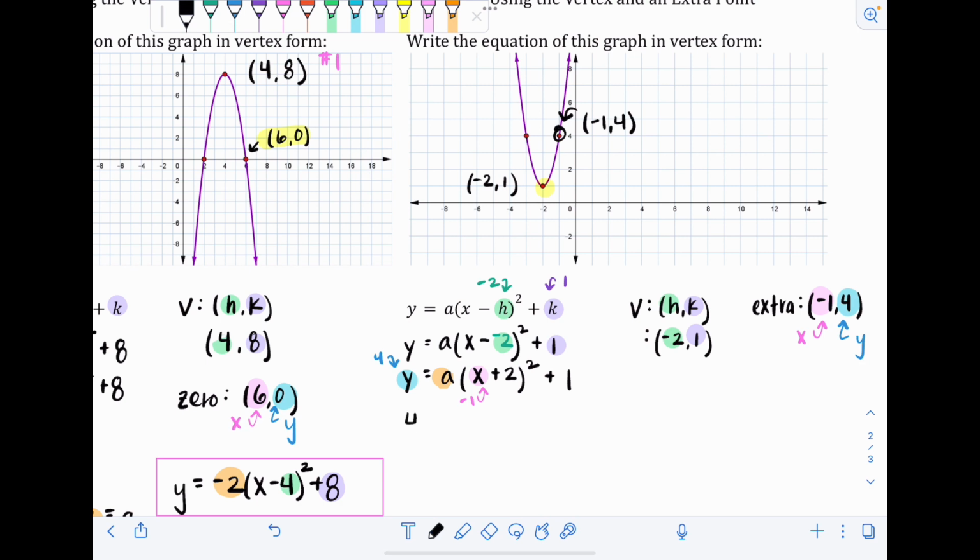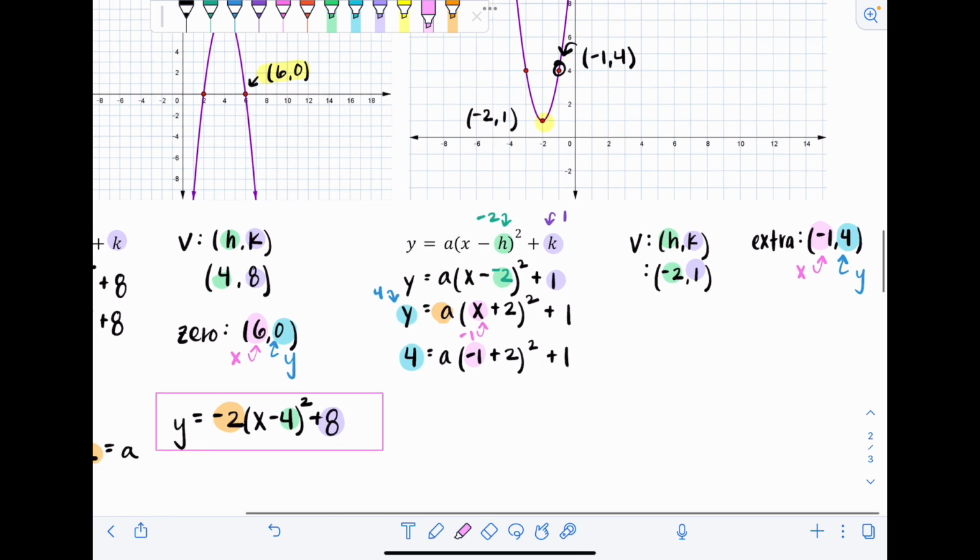So it'll be 4 equals a, which we still don't know, times (-1 plus 2) squared plus 1. So 4 went in for y, -1 went in for x, and now we can simplify to solve for a.